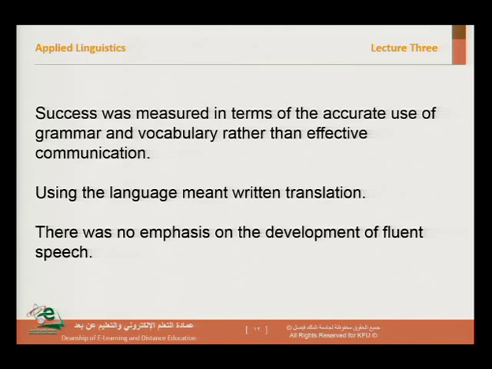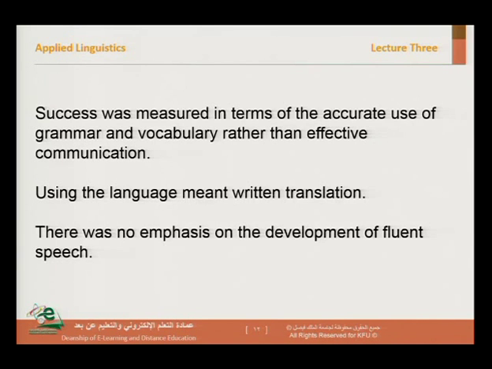So there was no communication. If there was any, actually, it was very little. Using the language meant written translation. It was not used in oral communication.